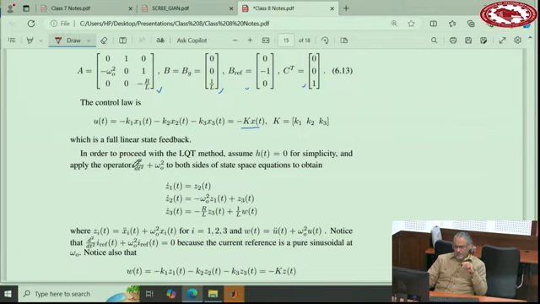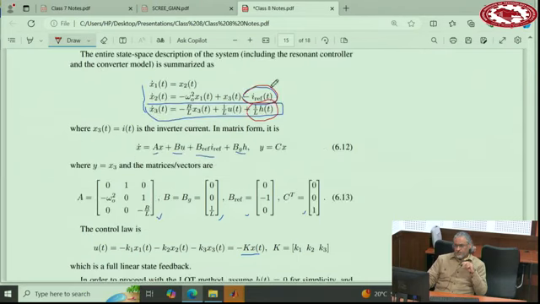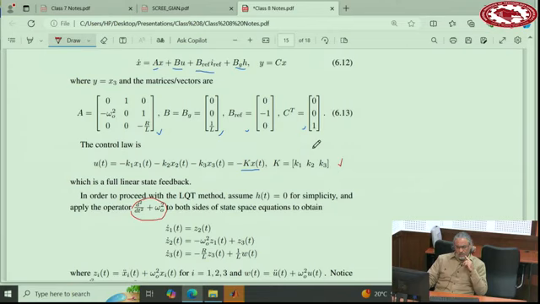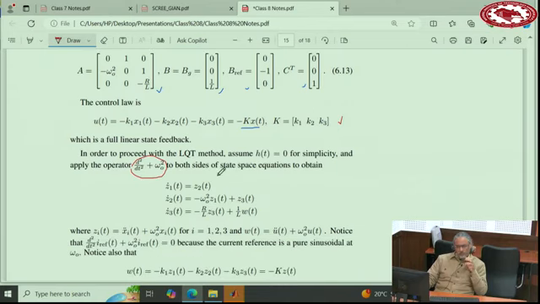Then if you apply this transformation to both sides of these equations, and also to this one, so to the control law and to the state space equation, and then define Z1, the transformed version of X, so Zi is Xi double dot plus omega 0 squared Xi.